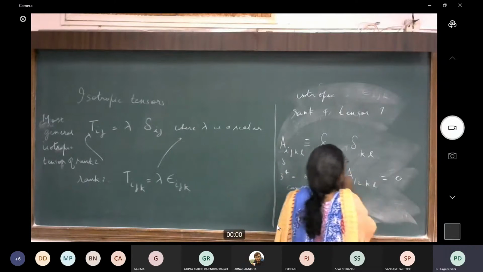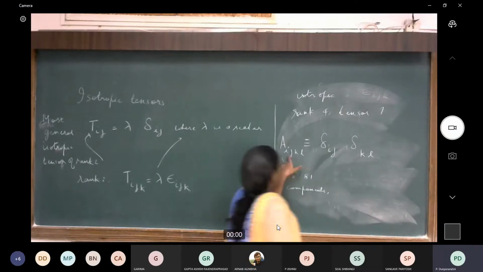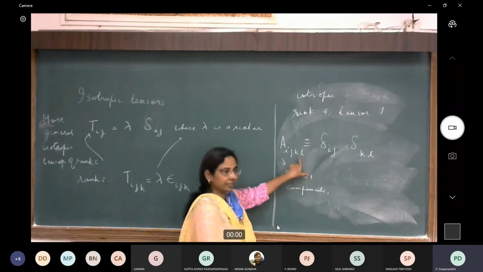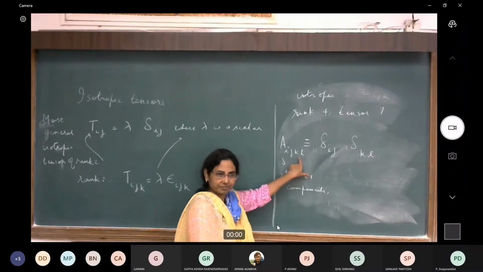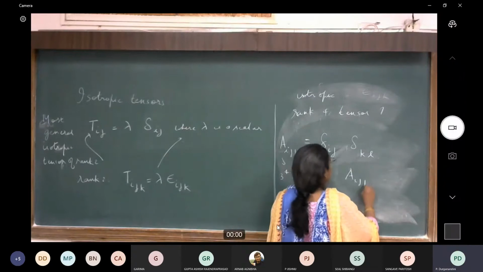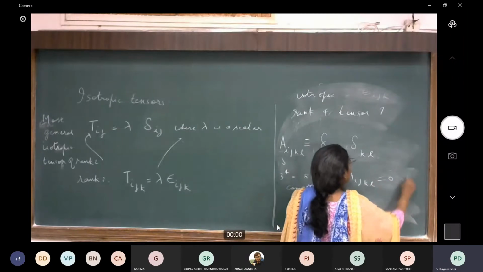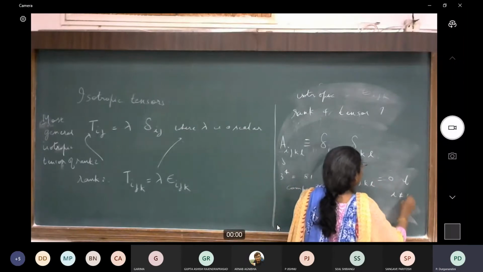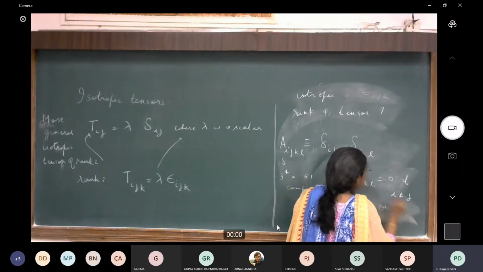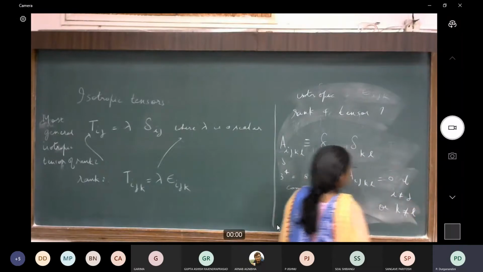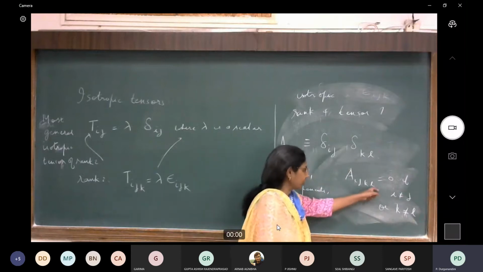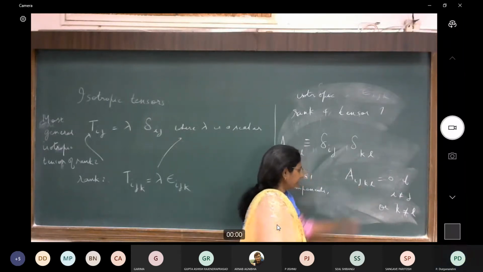So already you can see that if i is not equal to j or k not equal to l, then this is going to become identically equal to 0. So I can simply write that A ij kl equals 0 if i is not equal to j, or k not equal to l.